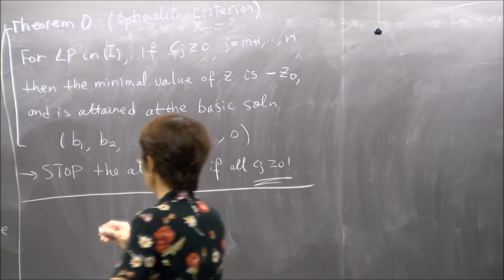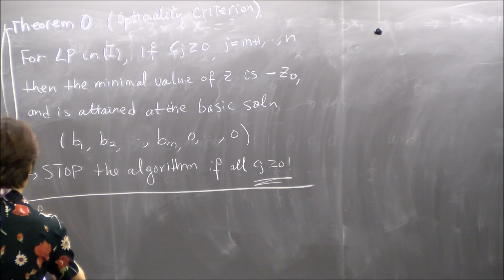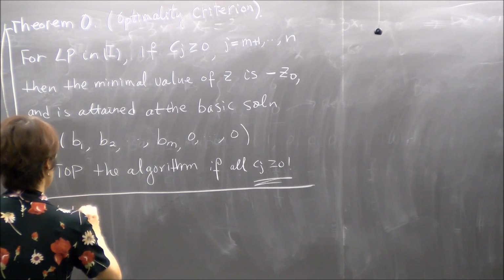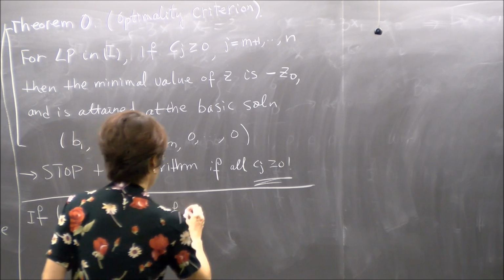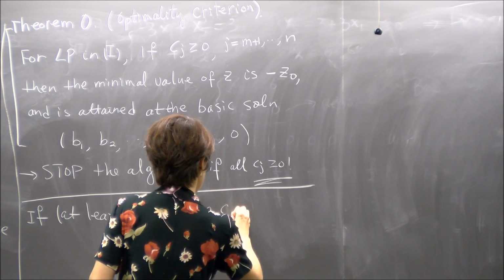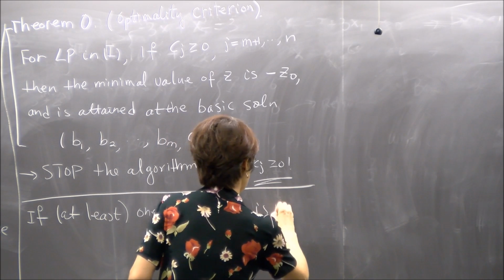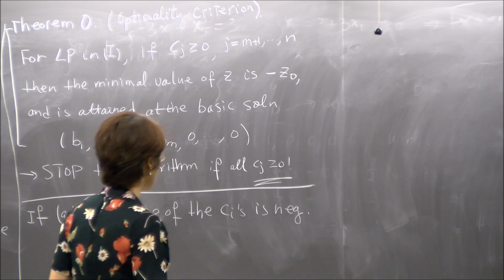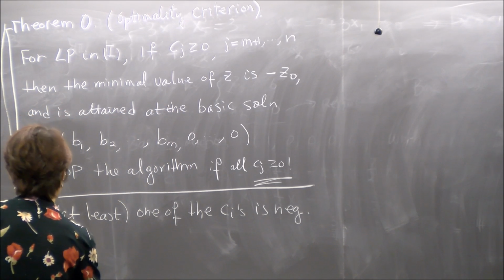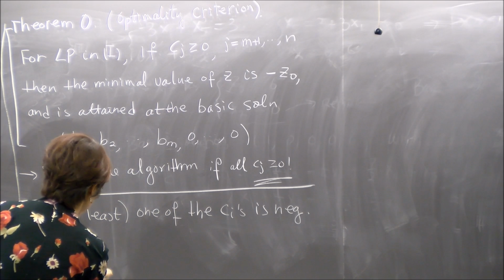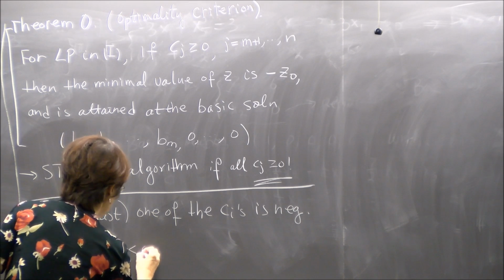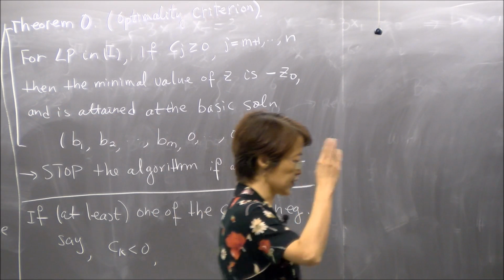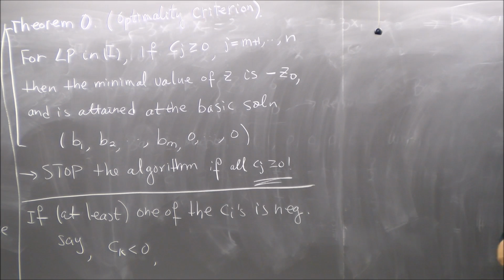So here's the next situation. Let's say at least one of the Cj's is negative, strictly less than 0. Let's give it an index k: ck is strictly less than 0. So I have ck xk, that term, with a negative coefficient. Okay?